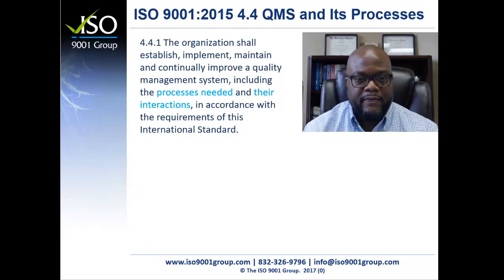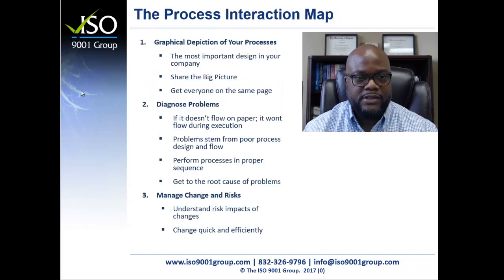It says that we need to implement, maintain, and continually improve a quality management system, including the processes needed and their interaction. So that's why we refer to this as a process interaction map. So let's talk about the process interaction map a bit.